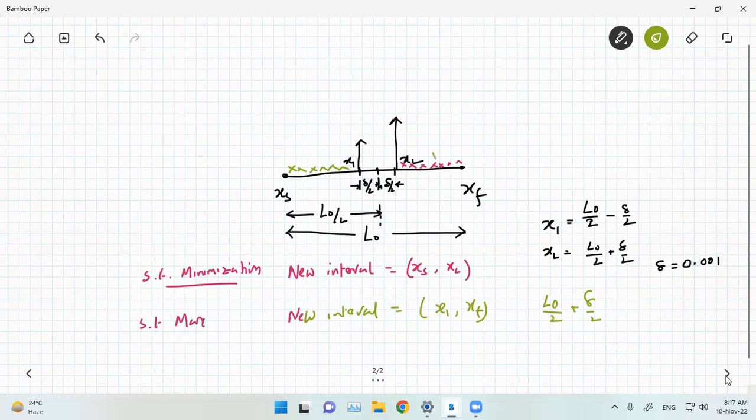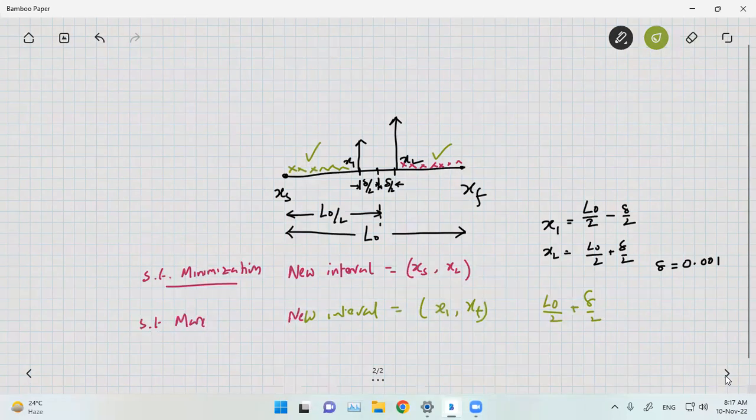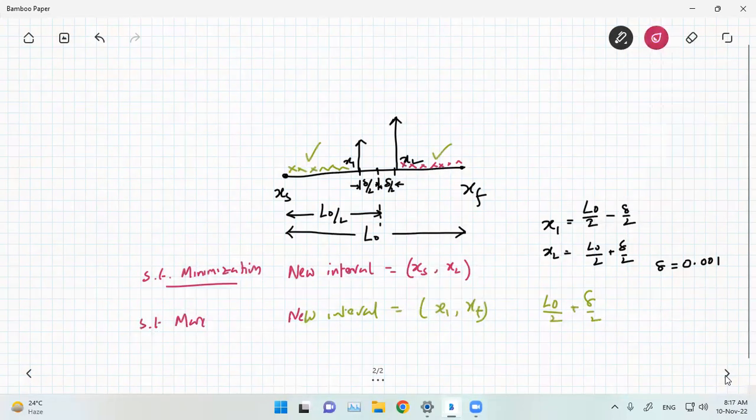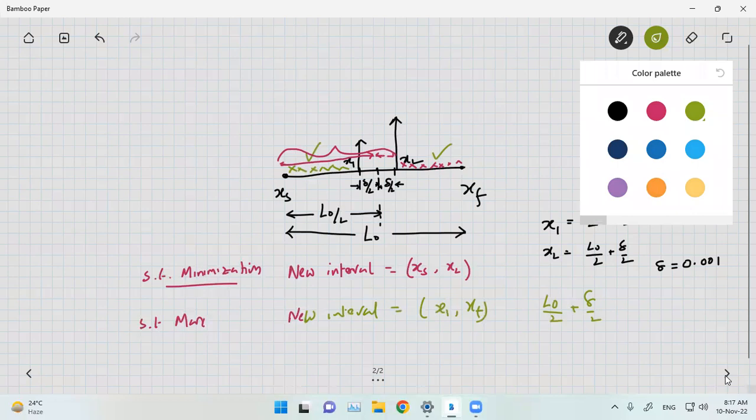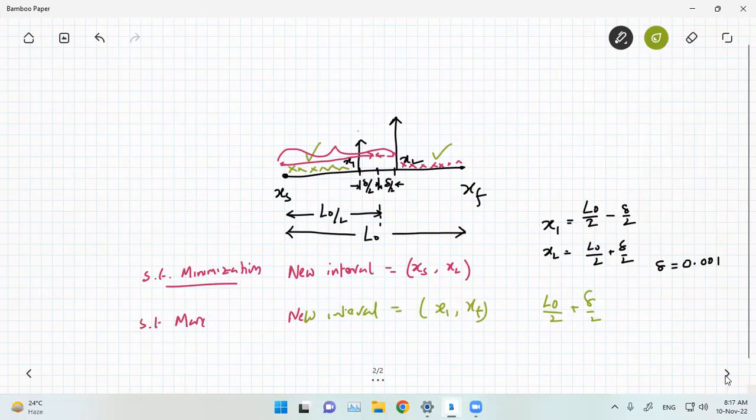Basically, whether you discard this portion or this portion, the remaining portion in the first case is this: up to this is L0 by 2, then we have del by 2. Or in the second case, that is maximization, we have this portion left, and this is basically again L0 by 2 plus del by 2.